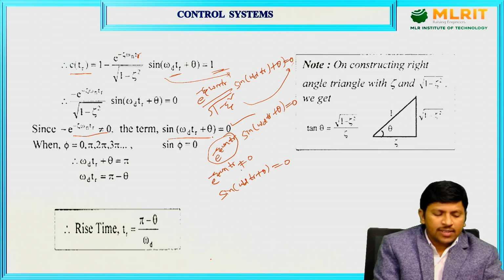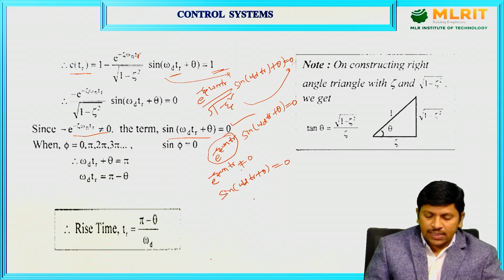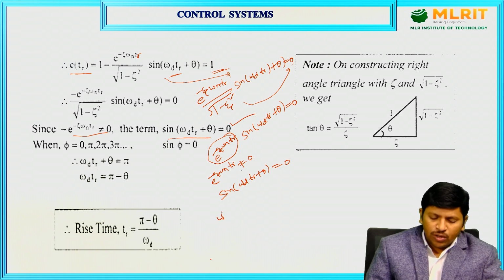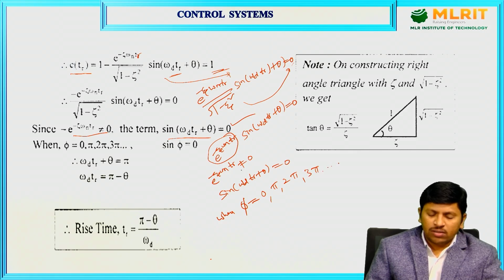Okay, next here, I am going to consider the sine of some value. When theta or phi equals 0, pi, 2 pi, 3 pi, and so on, where omega d tr plus theta equals 0, sine phi is nothing but what?